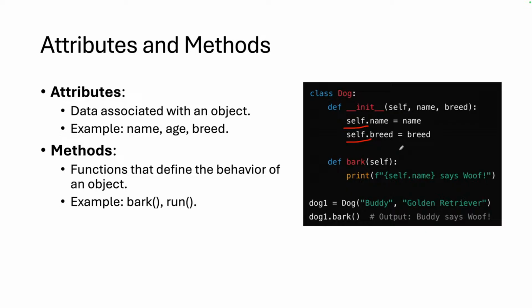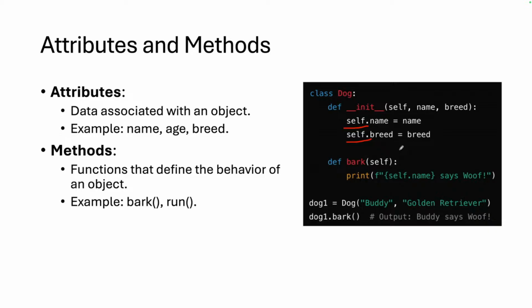Now, this is particularly important, by the way, if you want to get into deep learning. If you want to do AI programming, PyTorch and TensorFlow are object-oriented packages that build deep neural networks, and they are fundamentally based in this object-oriented paradigm.